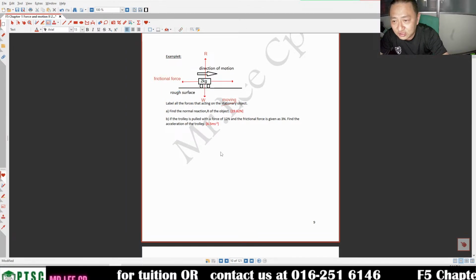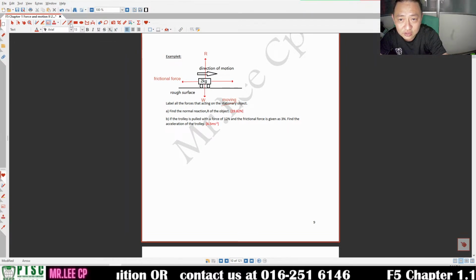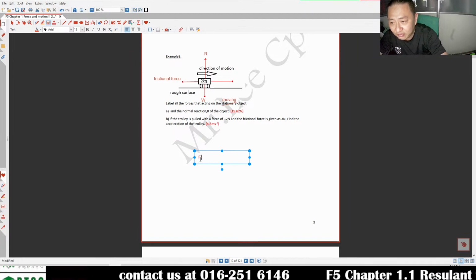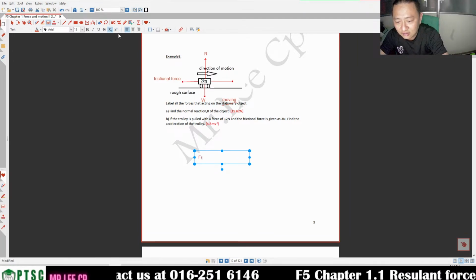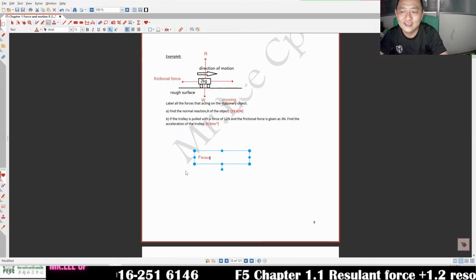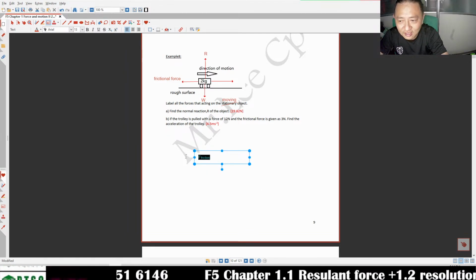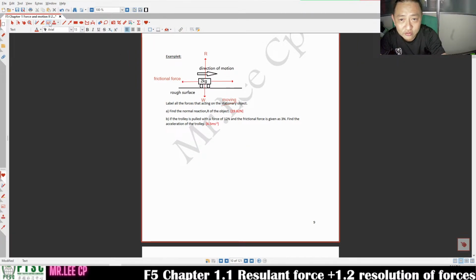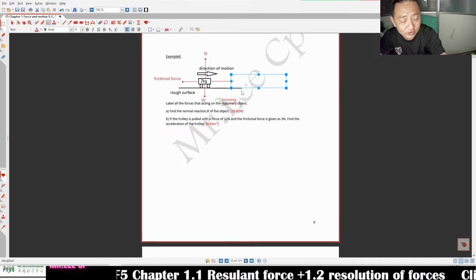Some teachers use it this way, they put F like that, frictional force. They can put it this way also. So this one, normally we are going to call it forward thrust, right?